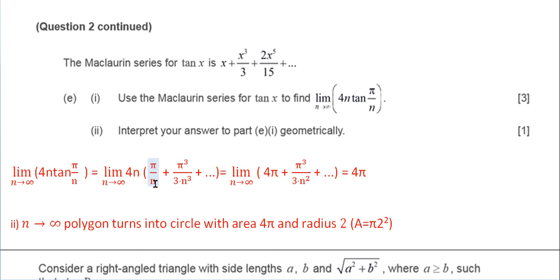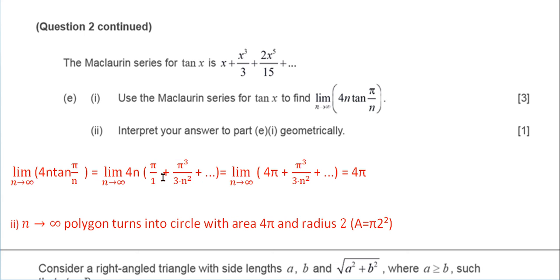In the brackets, here I forgot, n is taken out, so it should be 1, and the next term has n squared, and so on.